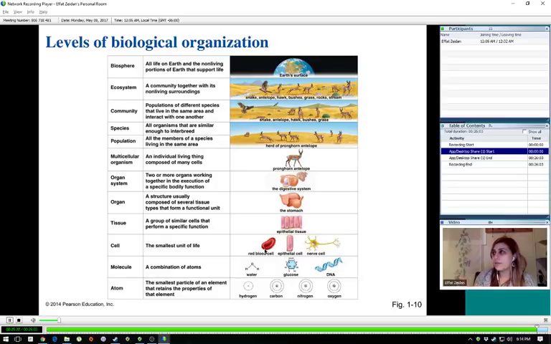Different elements that are important for us are oxygen, hydrogen, and nitrogen, and the smallest unit of each element is the atom. Then comes the molecule, which is a combination of atoms. Then comes the cell, then the tissue, the organ system, the multicellular organism, population, species, community, ecosystem, and then biosphere.